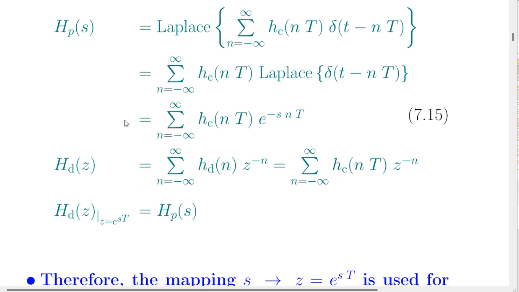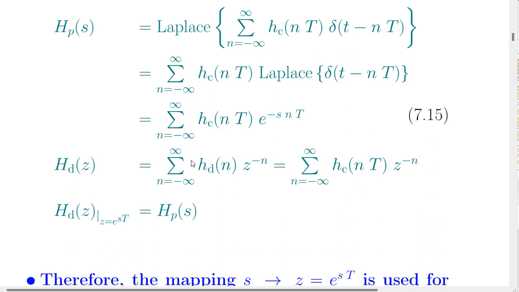Now, having this equation, what do we have in the digital environment? H_d(z), definitely the z transform, is equal to the summation of h_d[n] times z to the power of minus n. Now, substituting, it will be equal to h_c(nT_s) z to the power of minus n.